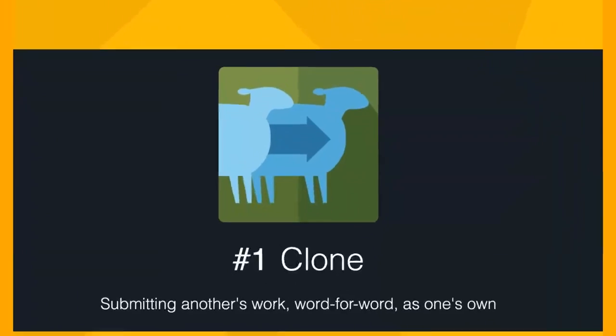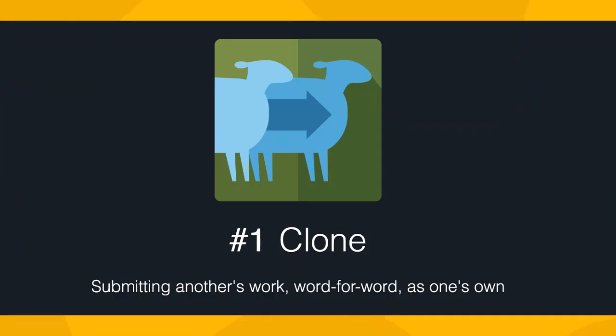So moving along, let's look at the first one. The first one is called clone: submitting another's work word for word as one's own. This one is the most common type of plagiarism, and it's where someone gets on the net, finds a PDF, finds a doc document on their topic, and submits it.